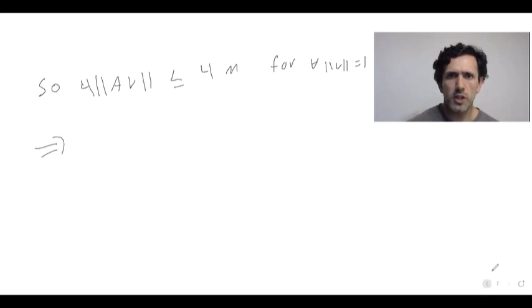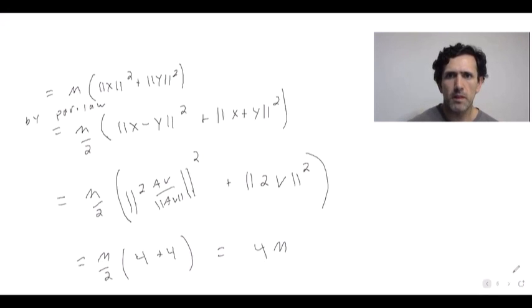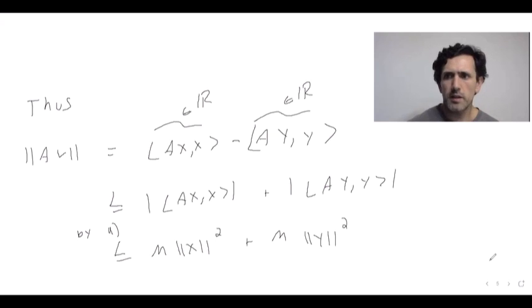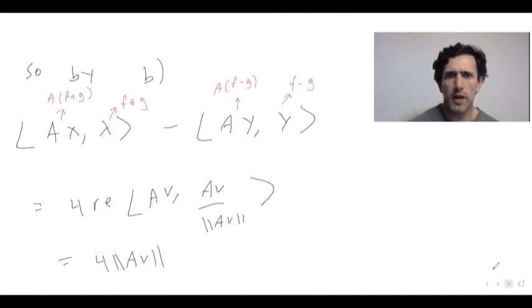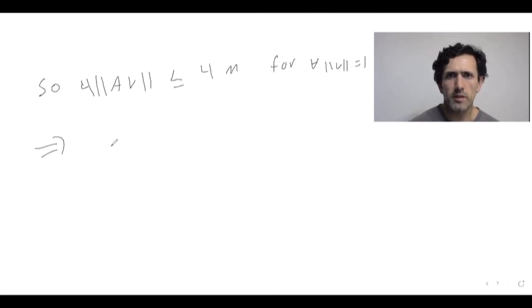Let's go back and double check. Sorry, this is 4 times the norm of AV. That makes more sense. Sorry about that, I forgot the 4 here. Right, it's 4 times the norm of AV, less than or equal to 4M. So that means the norm of A is less than or equal to M, and that finishes the proof.